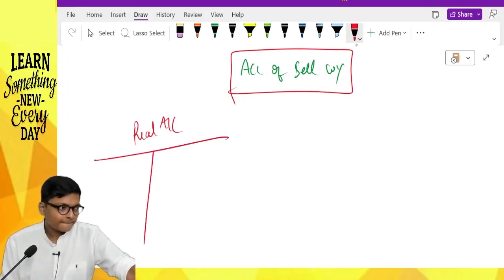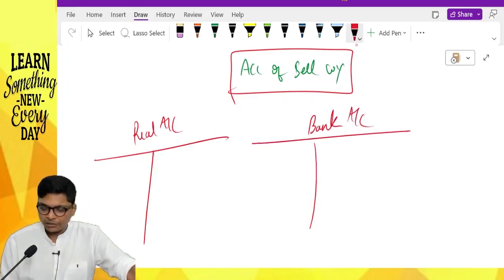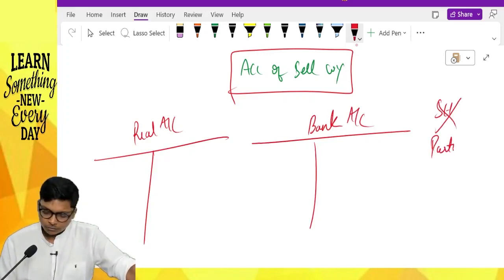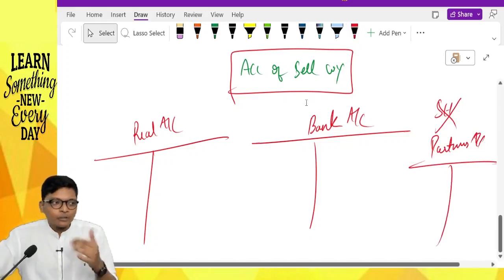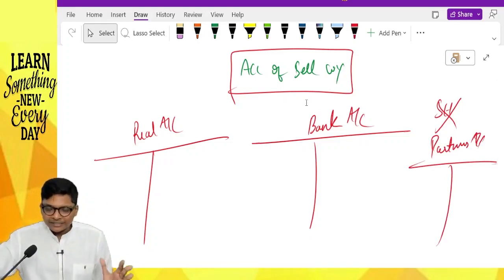Realization account, bank or cash account, we will call it cash also. Shareholders account, instead what we will write? Partners account. And buying company. Here, will there be a buying company? Firm closing down. That's it. These three ledgers, sum over. Rest everything is the same.